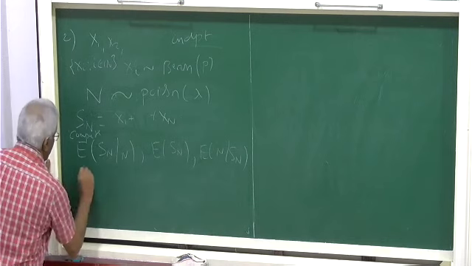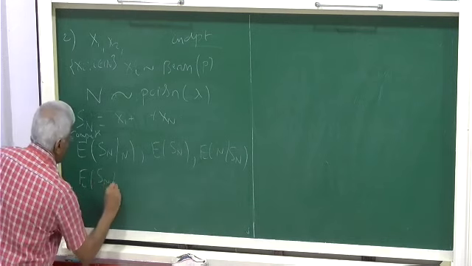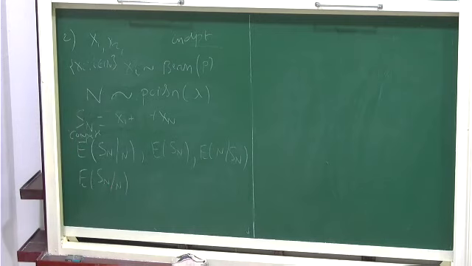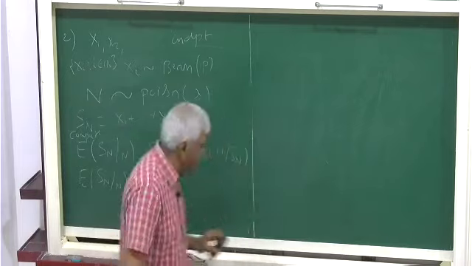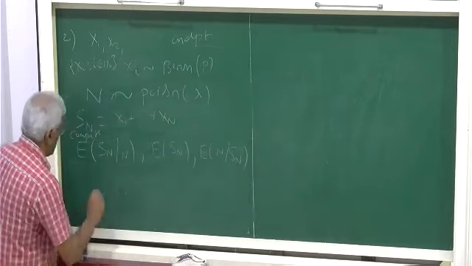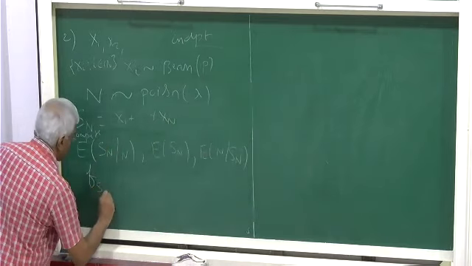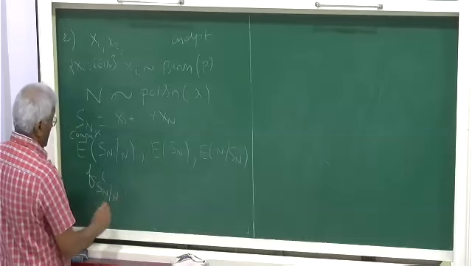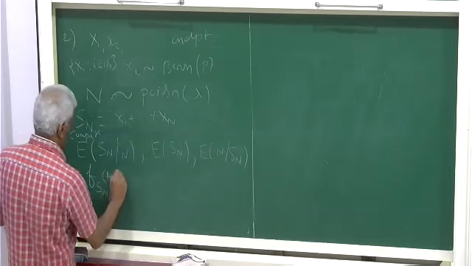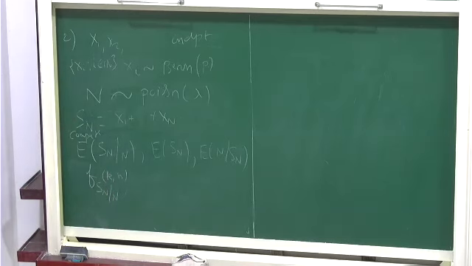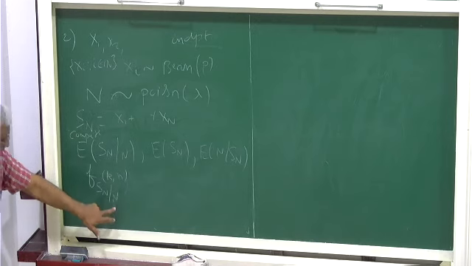So first, E of Sn given n. To compute that, we have to first compute the conditional probability function, f of Sn given n, and for Sn I put k this time instead of x and y. I want to find the conditional density of Sn equal to k, given n equal to n.